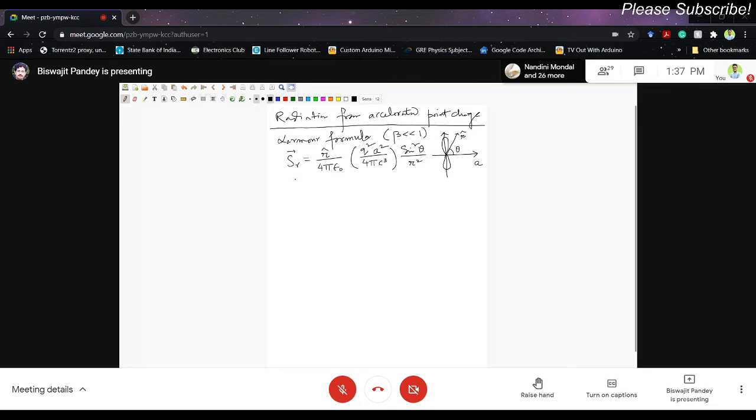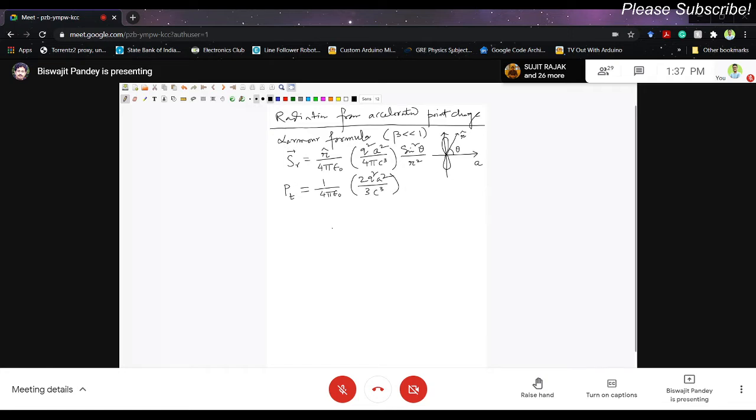And if we integrate this over the entire spherical surface around this radiating point charge, then the power radiated by the point charge, P total, came out to be 1 over 4 pi epsilon 0, if you write it in this way, into twice q square a square by thrice c cube.